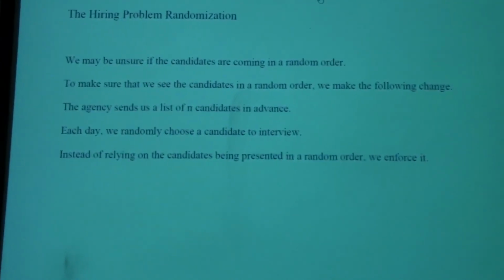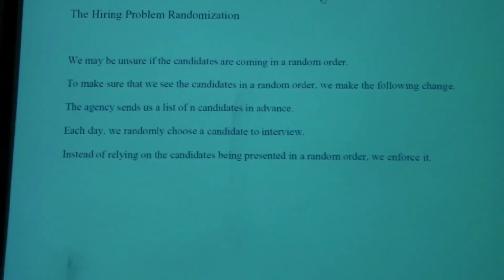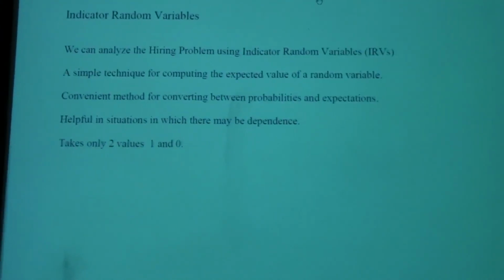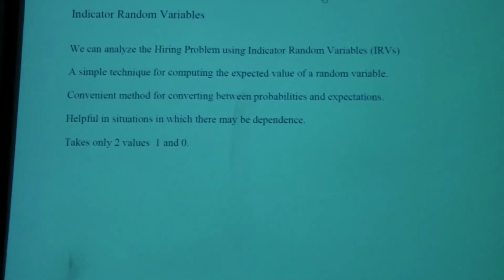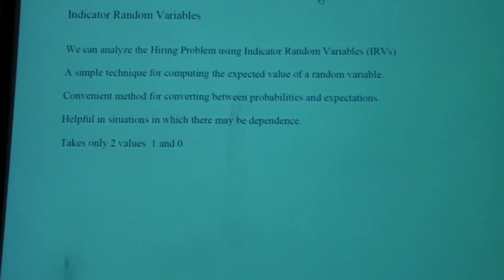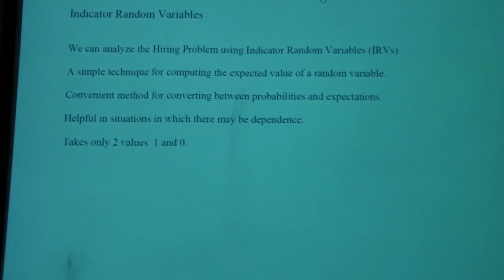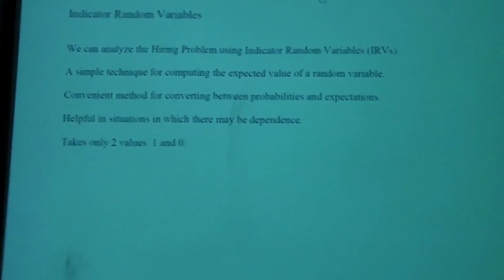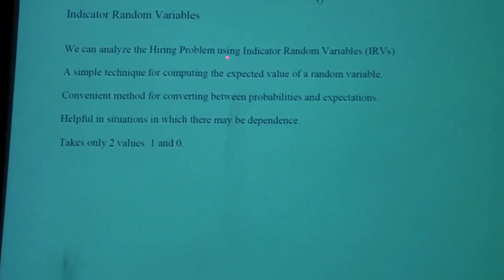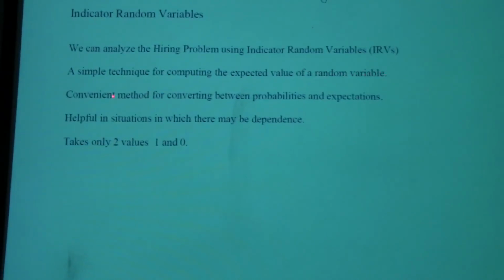So now we're going to assume the data is randomized. So we can analyze the hiring problem using IRVs, indicator random variables, which we just did in the previous problem, which is the x sub ij type of thing, or x sub i. A simple technique for computing the expected value. We have a convenient method for converting between probabilities and expectations.